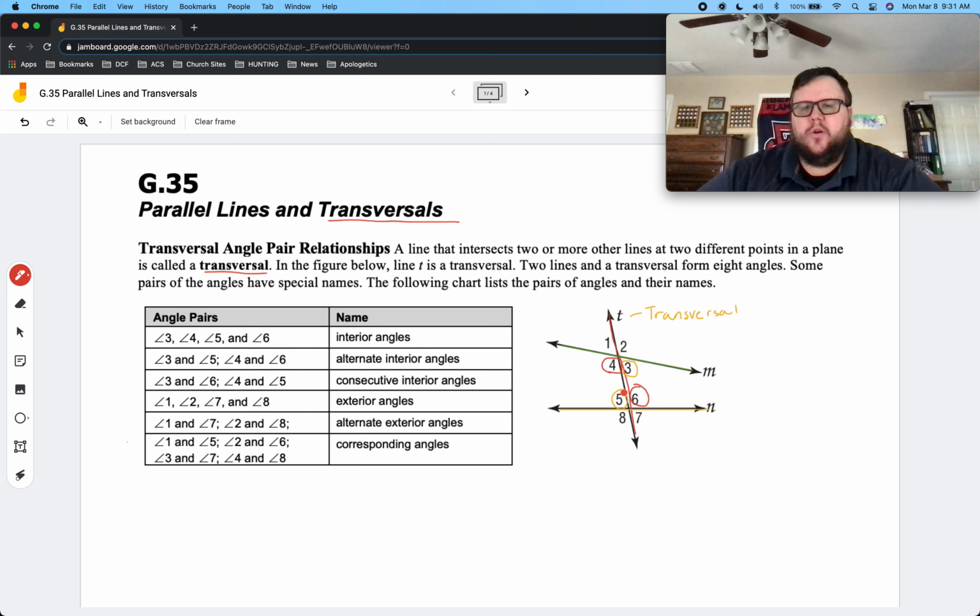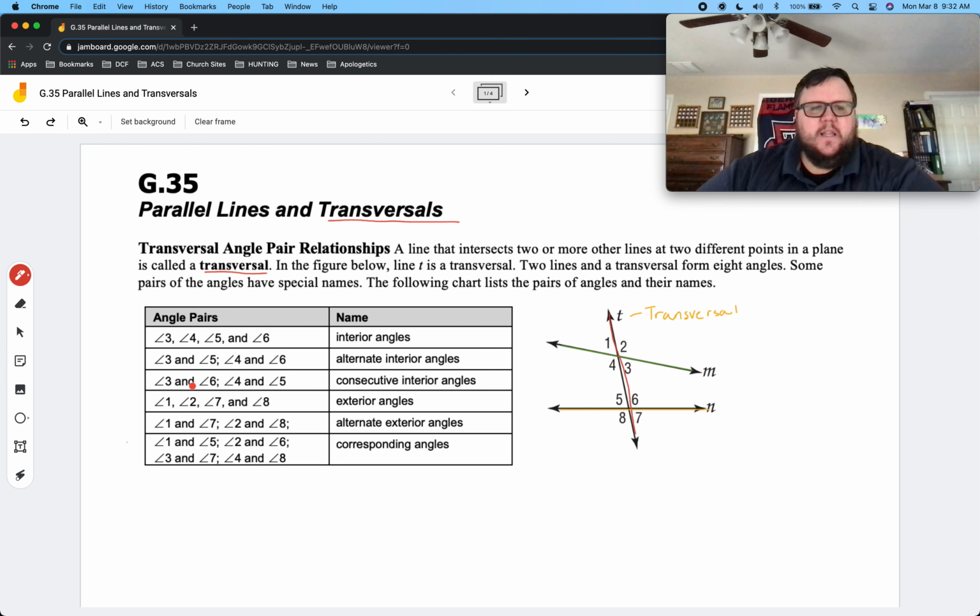So 3 is an alternate interior angle with 5, and 4 is an alternate interior angle with 6. They're bounded by the two lines M and N that are being cut by the transversal, and they're interior. So if those are interior, you can take a guess at what 1, 2, 8, and 7 are going to be. They're going to be exterior.